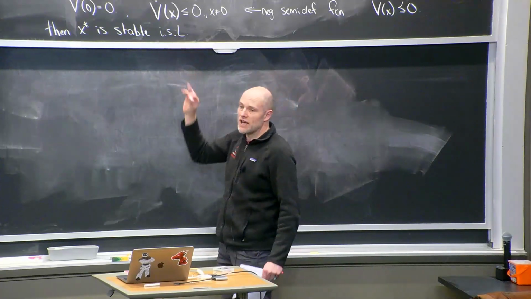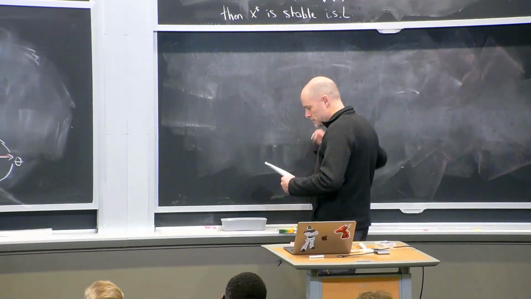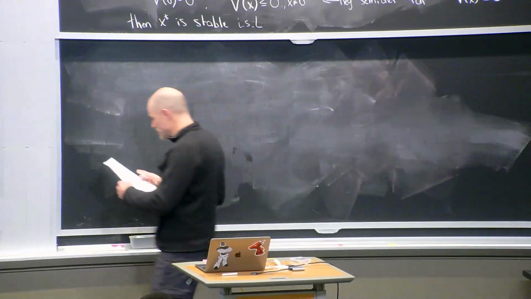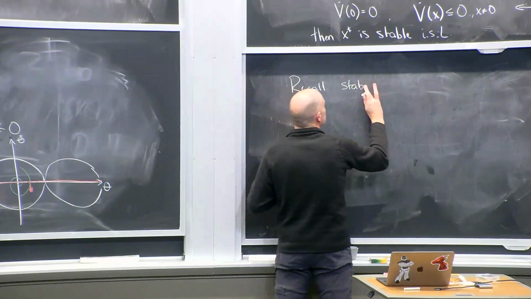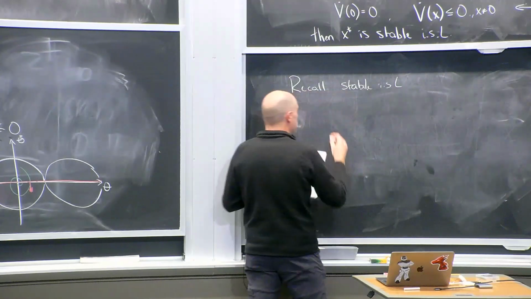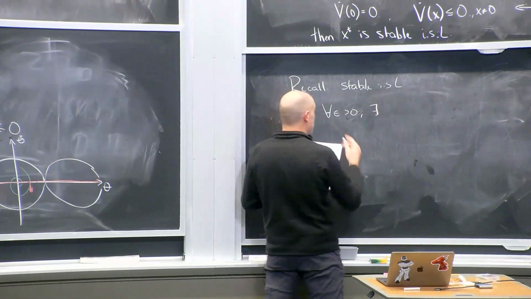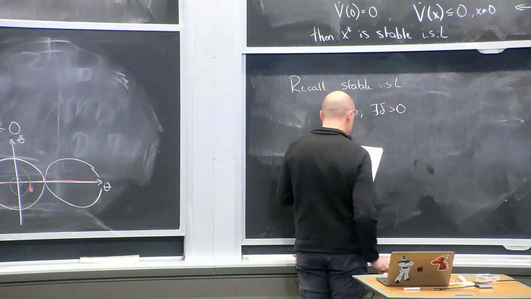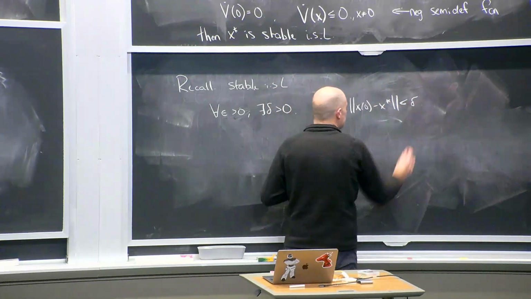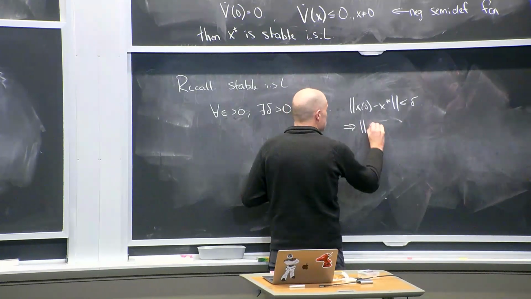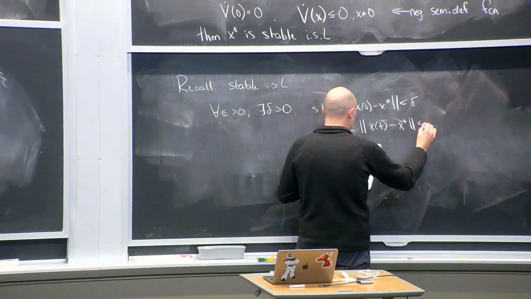If you remember what stable in the sense of Lyapunov means: for all epsilon greater than 0, there exists a delta greater than 0 such that if I start inside the delta ball, that implies that for all time I'm inside the epsilon ball.